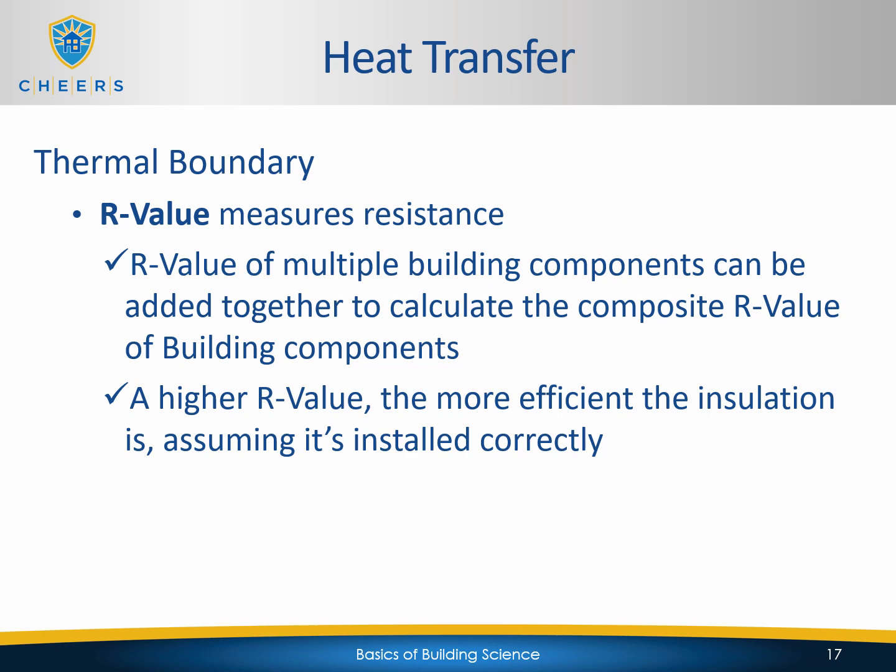Keep in mind that it measures the efficiency of the insulation assuming it's installed exactly to manufacturer's standards. You could have a piece of insulation with an extremely high R value, but if it's installed improperly or very poorly, the actual R value of that insulation is going to be very diminished compared to what it was supposed to be.